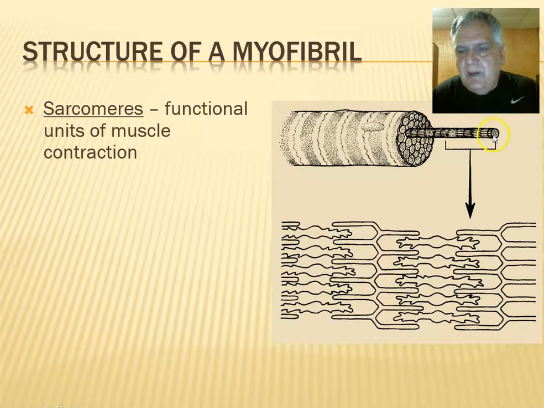And we can see packed into that myofibril are the individual myofilaments, the actin and myosin. Now it's a little difficult up here in this part of the diagram for us to tell the difference between them. So we're going to blow up this little section of the myofibril, and make it large so we can see the individual myosin and actin filaments.